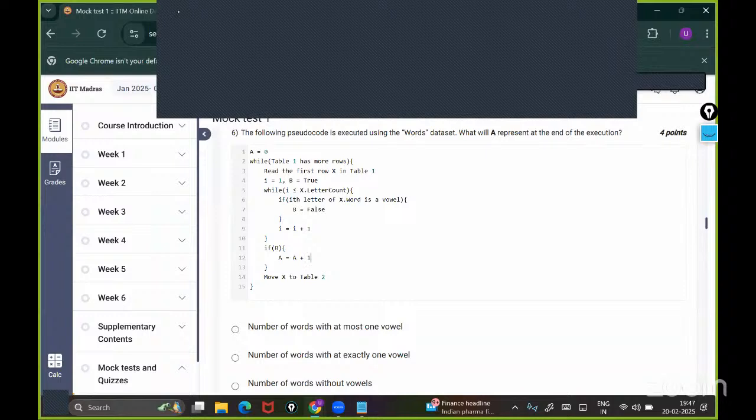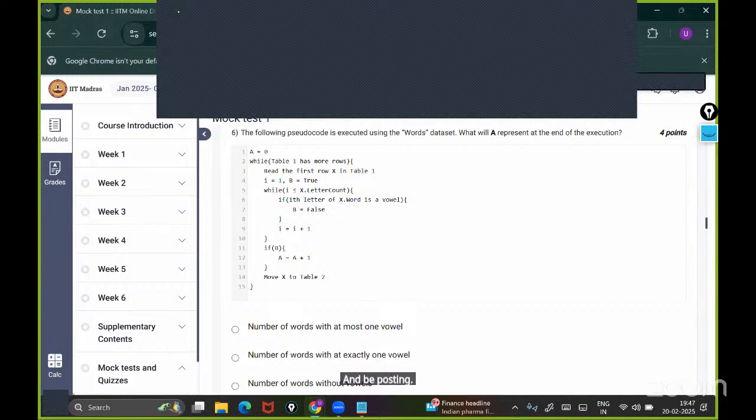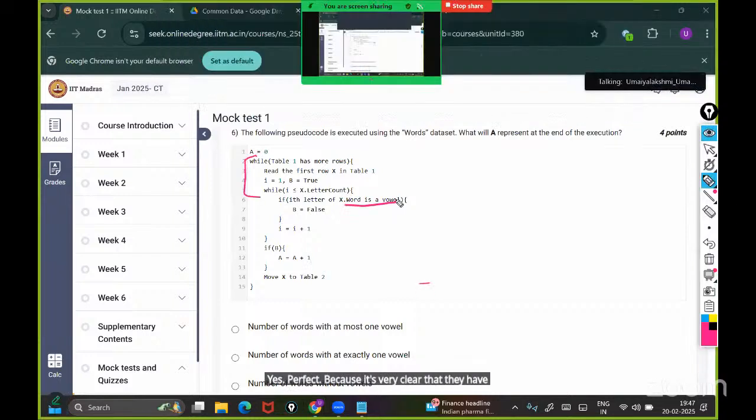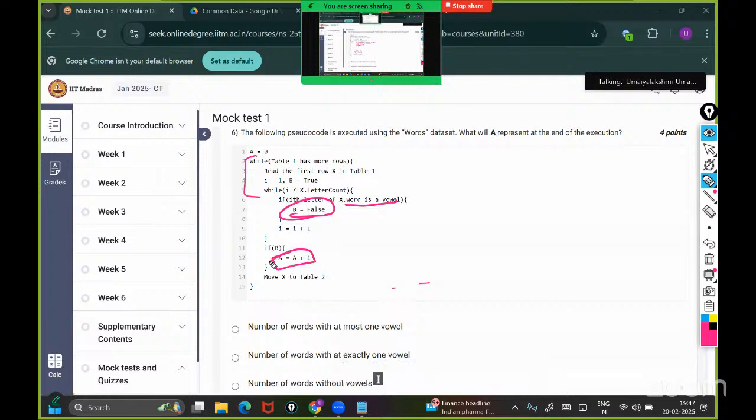Okay. Because if there is a vowel in a word, then B will become false, and if B is false, then A won't be incremented. Yes, you are right. Perfect. It's very clear that they have mentioned if it is a vowel, make B false. So even if there is one vowel, it will become false, right? So if B is false, A will not be incremented at all.